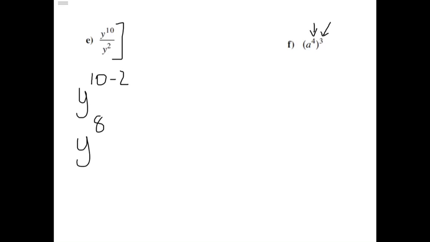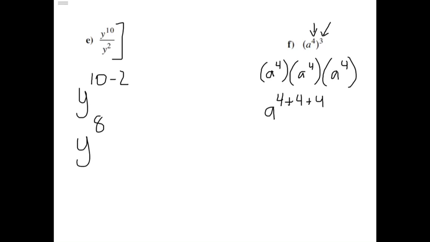In this case, what's happening here is you are actually multiplying this together. You get a to the power 4 times a to the power 4 times a to the power 4. Now, if we think about the product law, all this means is we're going to have a to the power 4 plus 4 plus 4, which is basically going to be a to the power of 12.